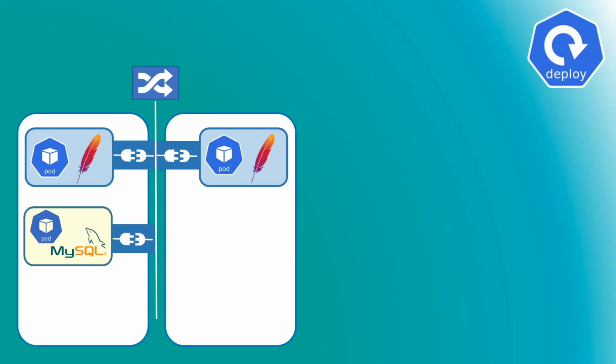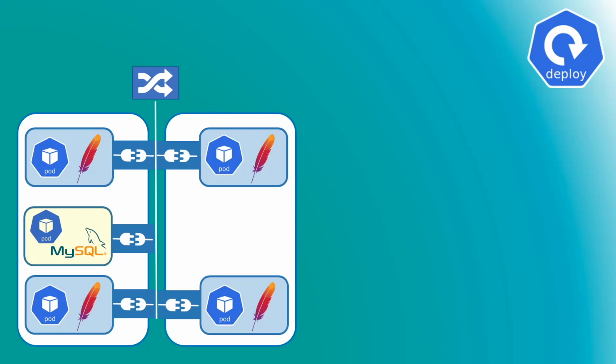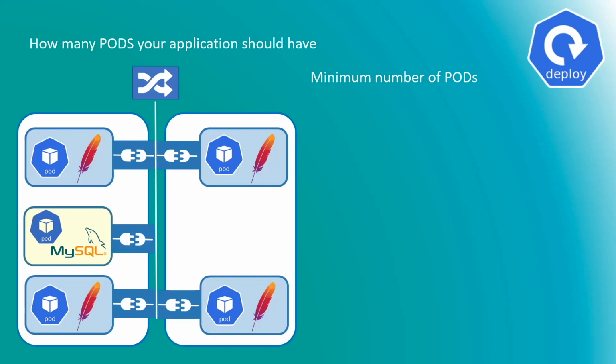When my application receives more and more traffic, it will launch new pods. And once the traffic or the load goes away, it will automatically remove the pods. Now the question is, how can we manage how many pods your application should have, or how can we maintain the minimum number of pods? To do this, we have to create pod replication, and to replicate those pods, we must create a blueprint.